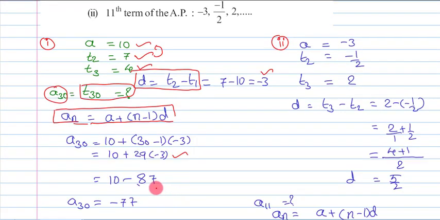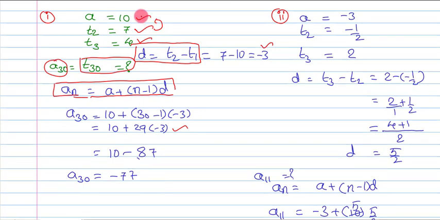Plus into minus is minus, and 29 times 3 is 87. 10 minus 87 is minus 77. So a30 is minus 77. This is how to solve the first problem of the second bit.